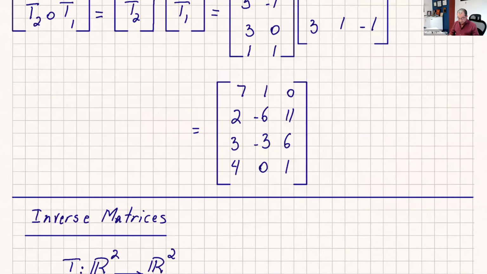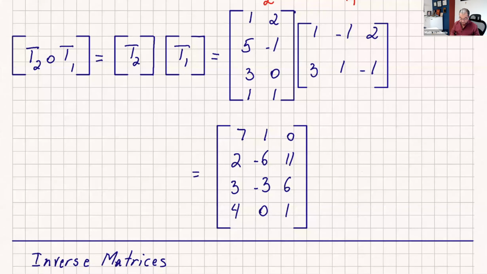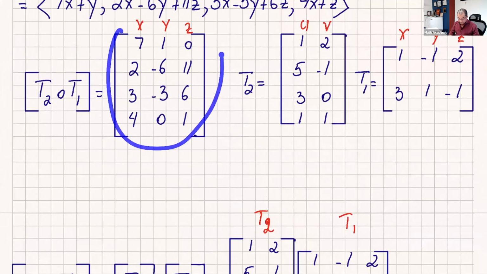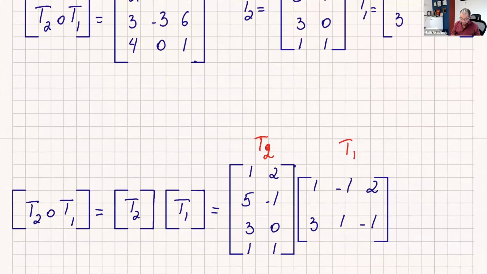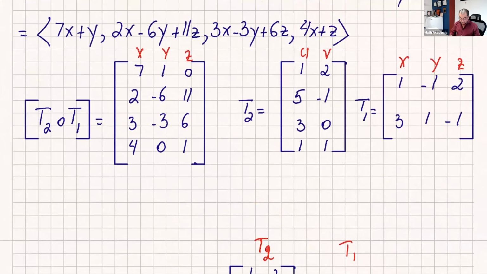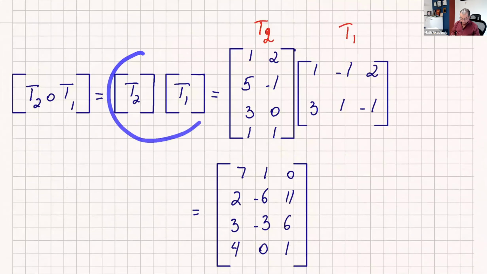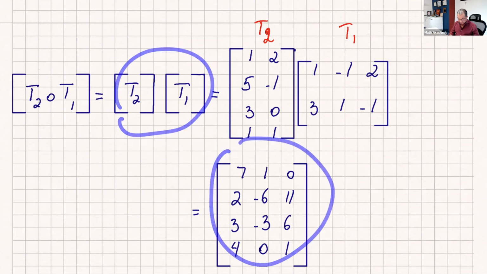So when we did the composition of transformations, we got this matrix, and when we multiply two matrices, we do get the same answer. So this is for matrix multiplication.